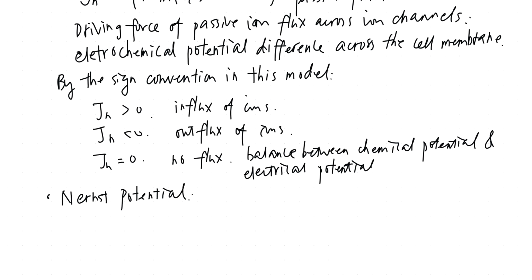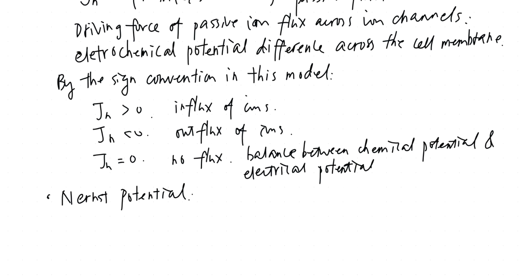So it is known as the equilibrium potential. It's a theoretical voltage. So the Nernst potential is a voltage across a cell membrane at which there is no net movement of a particular ion species.